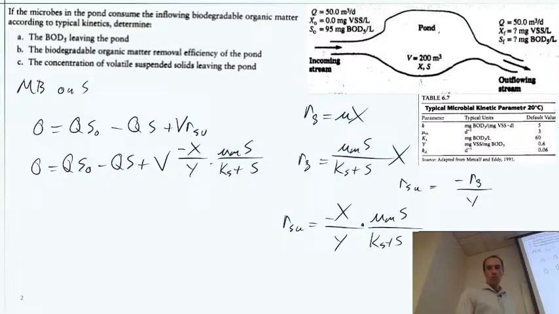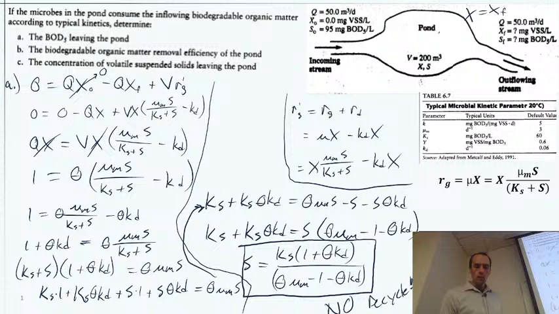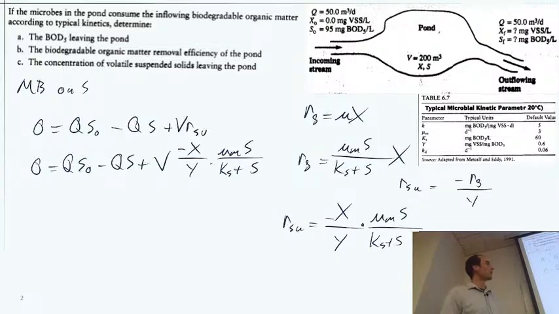So we ended up with our solution to solve for S by first doing a mass balance on X. A little bit backwards feeling, but that's the way it worked out. We solved that. We found this equation for S, and it turns out if we put the numbers in there, we'll see it's about 7 milligrams per liter remaining. From there, we would calculate B and then go on to C.